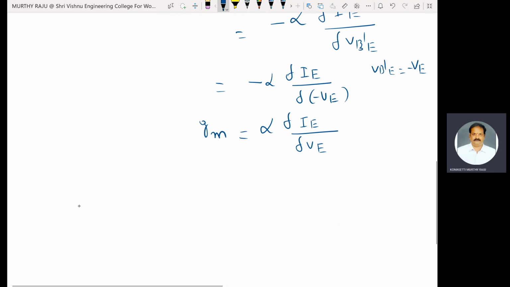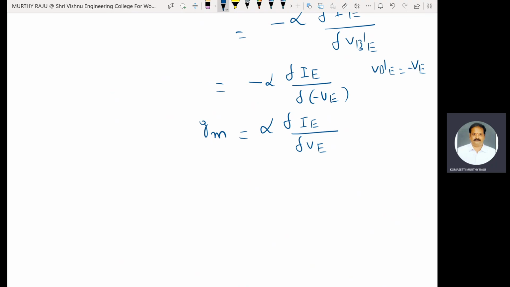A transistor is nothing but two diodes connected back to back. The emitter base junction is forward biased, therefore one diode is under forward bias condition. The collector base junction is in reverse bias condition, that means the other diode is under reverse bias condition.